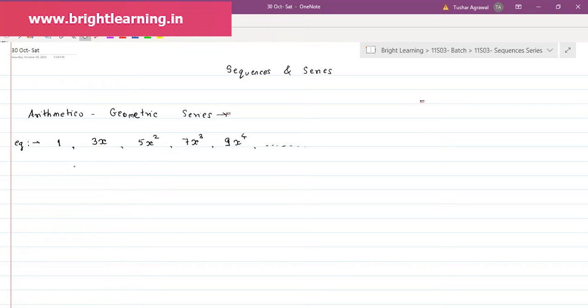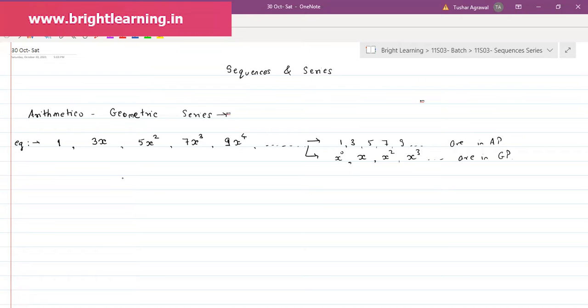So here the coefficients 1, 3, 5, 7, 9 and so on are in AP, and the powers of x, x to the power 0 along with 1, x to the power 1 along with 3, then x square, then x cube, and so on, are in GP.